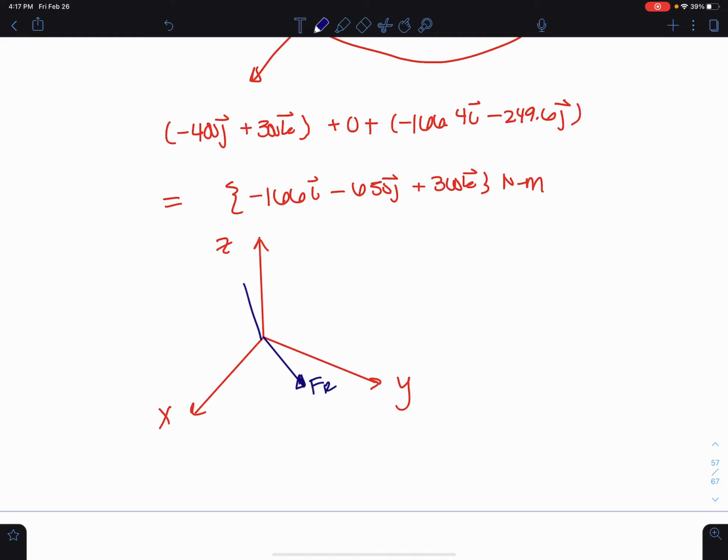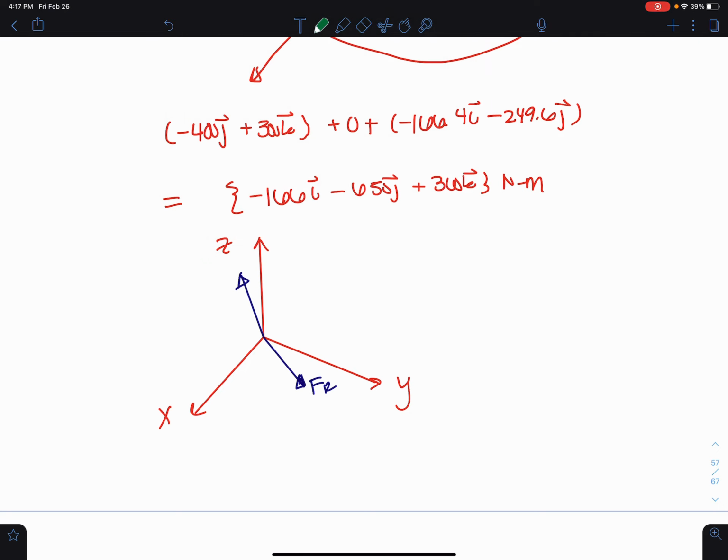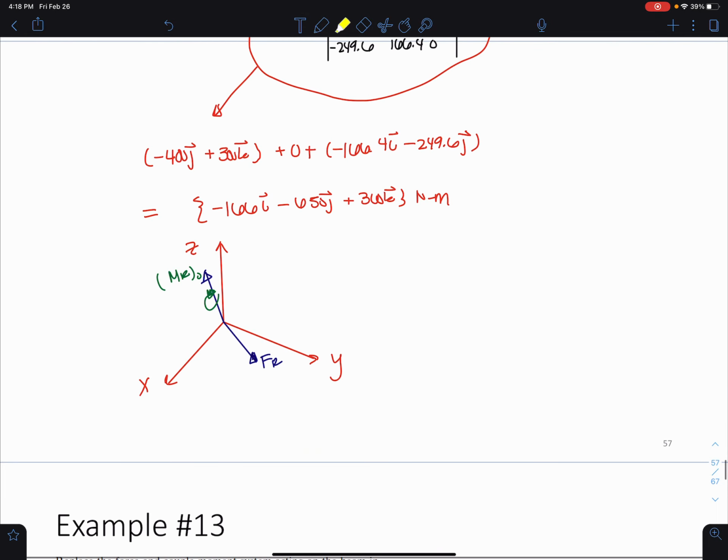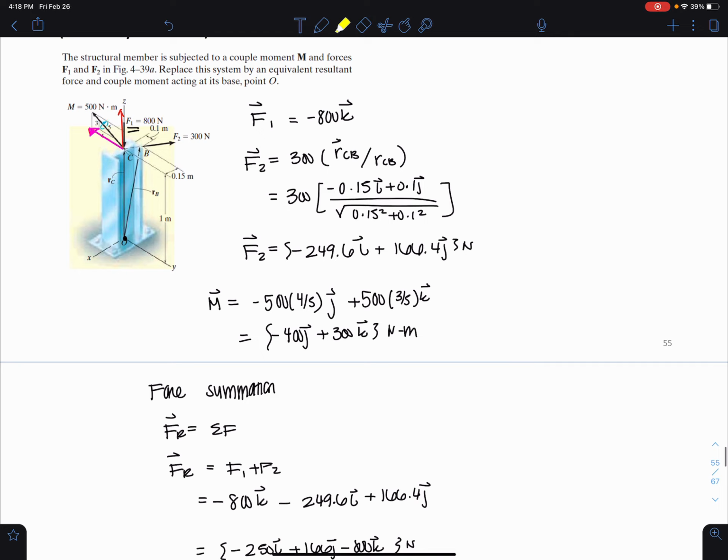Let's try to draw this a little better. So basically, these effects produce the same external effects, this is my answer here, as the first forces that were acting on the system here. We've just moved them to a different point.